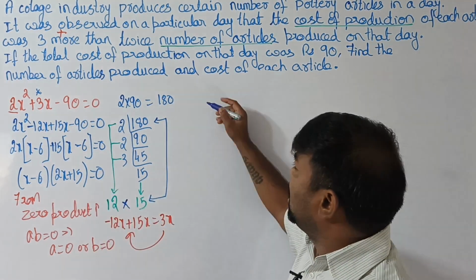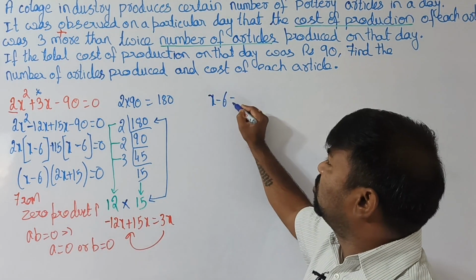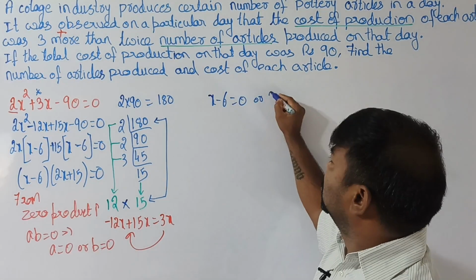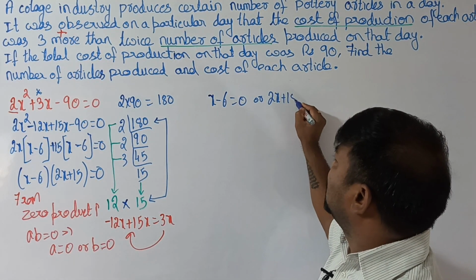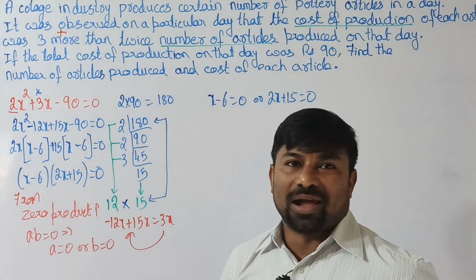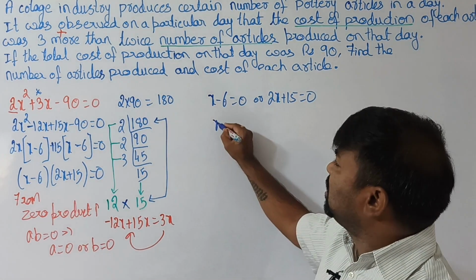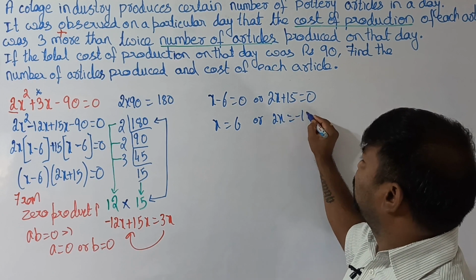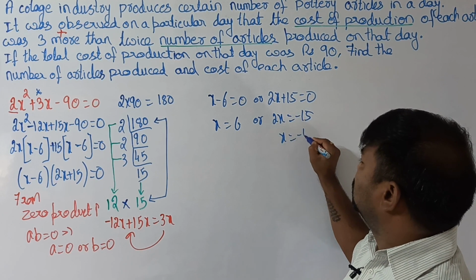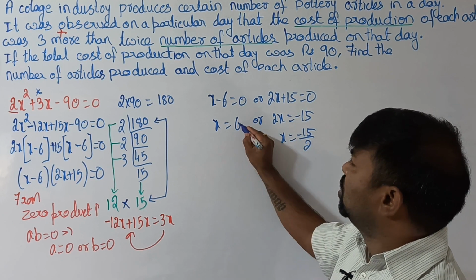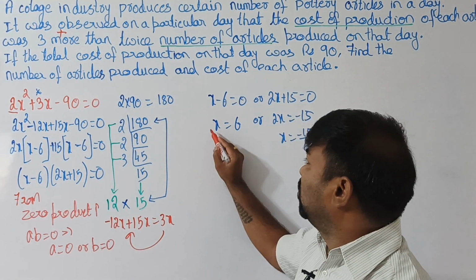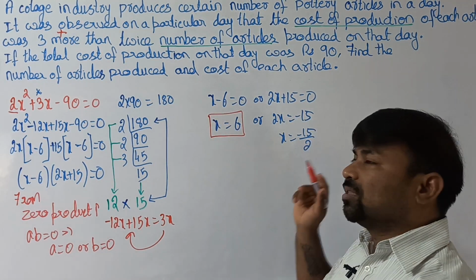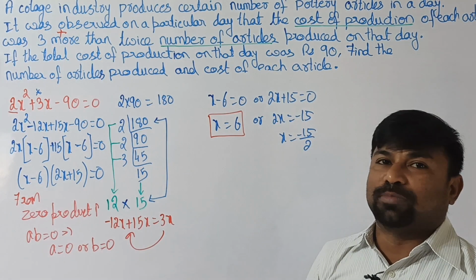From this, I'm taking x minus 6 equals 0 or 2x plus 15 equals 0. Now x equals 6, whereas here 2x equals minus 15 and x is equal to minus 15 by 2. I got two values, x equals 6 and the other one is x equals minus 15 by 2.